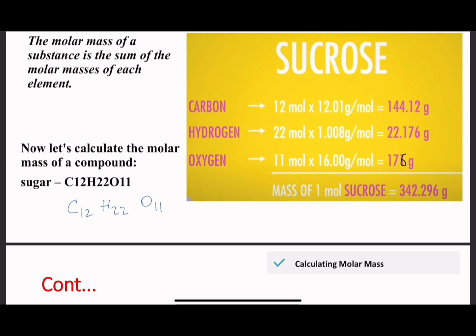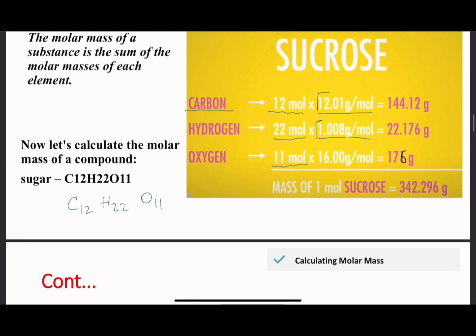So in 1 mole of sucrose, if I want to find out the molar mass of it, in 1 mole I have 12 moles of carbon, 22 moles of hydrogen, and 11 moles of oxygen. What I do is I multiply the molar masses of each element. Carbon has 12, we talked about it.